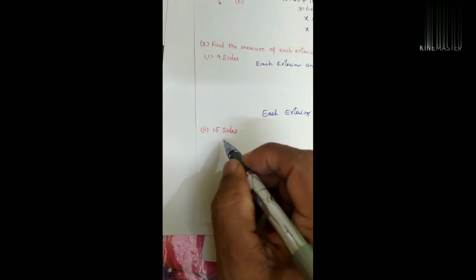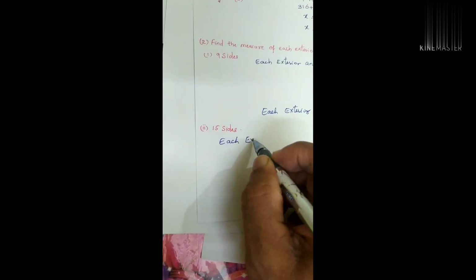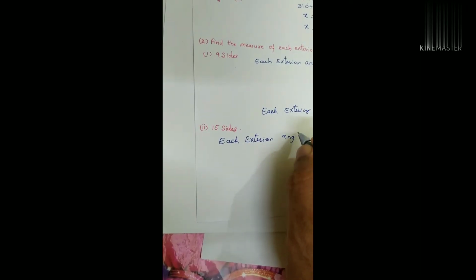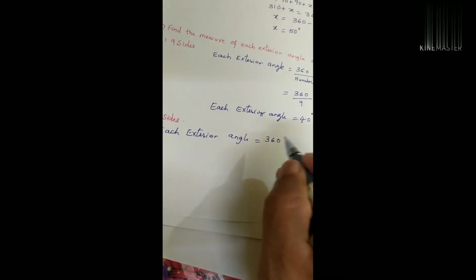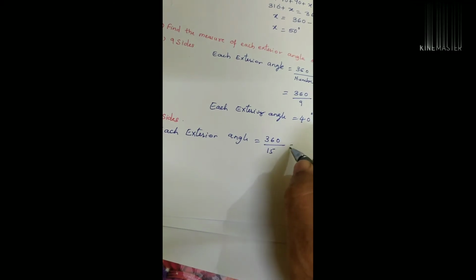So here again the same type of a problem. Each exterior angle will be equal to 360 upon number of sides, 15, so 24.